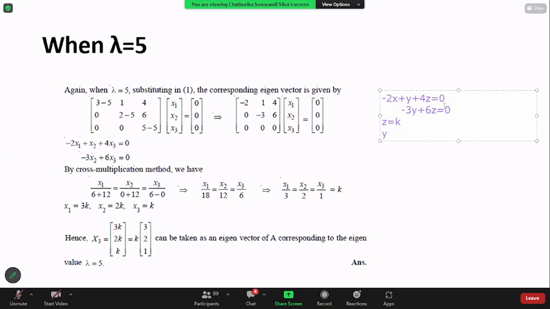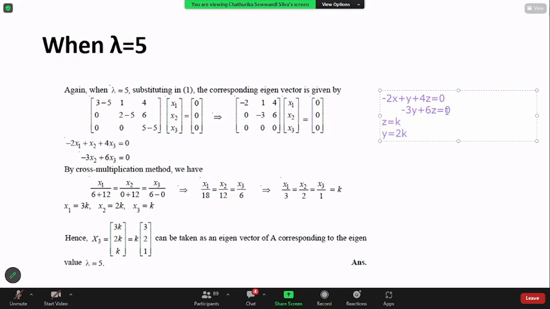From the second equation, you can calculate what is Y. Z is K now, what is Y? If Z is equal K, what is Y? I didn't get the answer yet. What is Y? 2K. 2K.